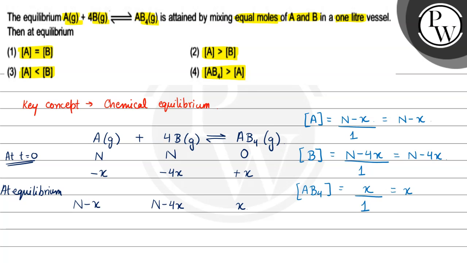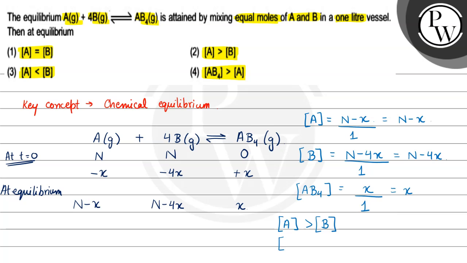This will be x. अब देखा जाए तो B जो है वो ज्यादा डिसोसिएट कर रहा है देन A because according to the stoichiometry A and B are in the ratio 1:4. So I can deduce from this that concentration of A at equilibrium is more than the concentration of B at equilibrium.